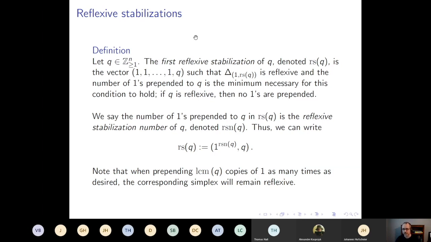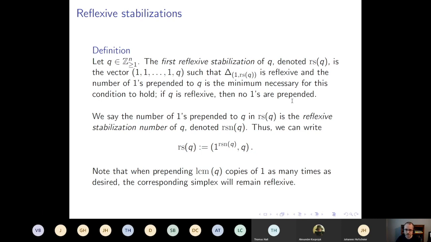1 will divide anything. So you take 1 plus the sum of these Qs. If the Qs don't divide correctly, just keep tacking on 1s until you hit a multiple of the LCM. Do that with the smallest number of 1s you need to prepend, and we call that the first reflexive stabilization. If Q is already reflexive, don't prepend any 1s.